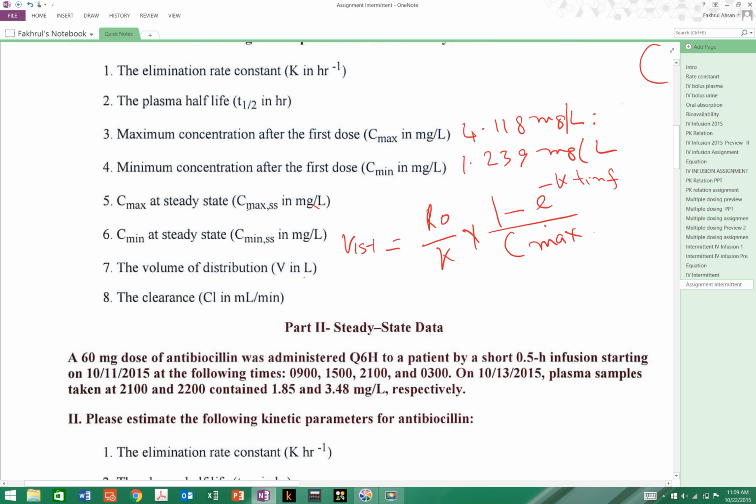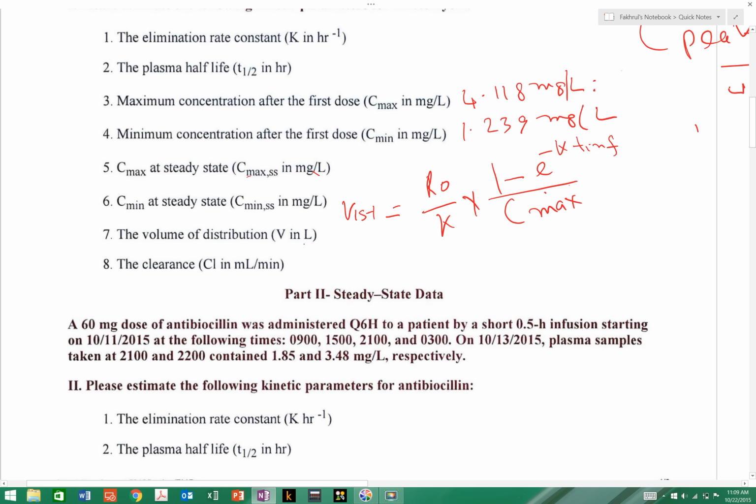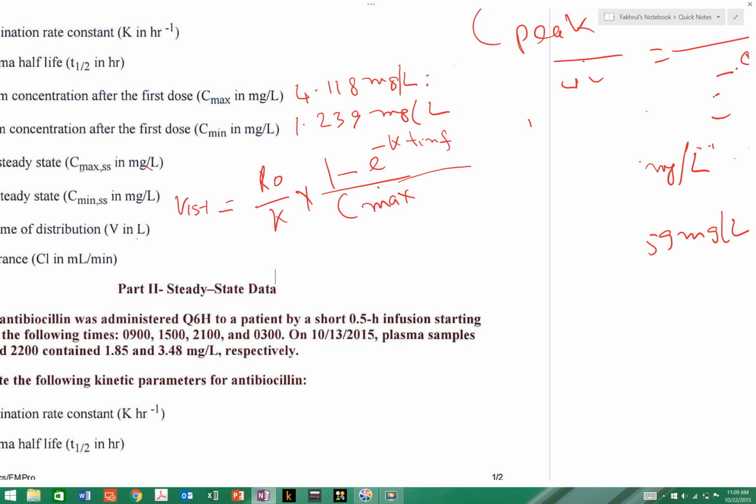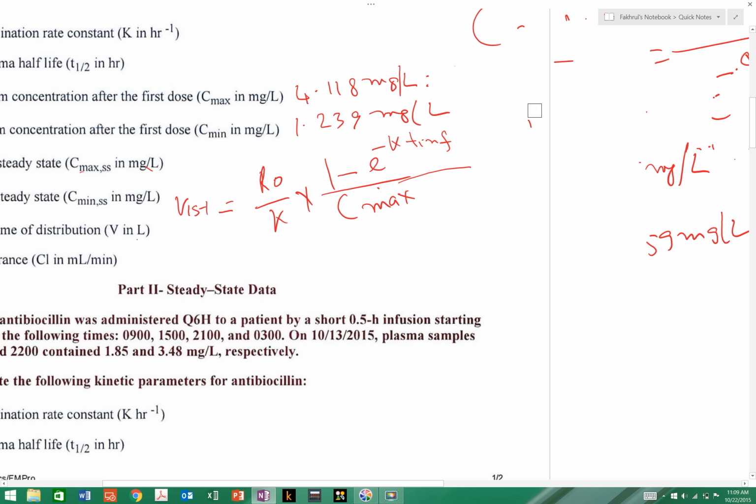As I have mentioned in the class, you perhaps remember that we have to use this Cmax to take into consideration the elimination of the drug. So to use this equation, let's find out what is what. What is your R0?